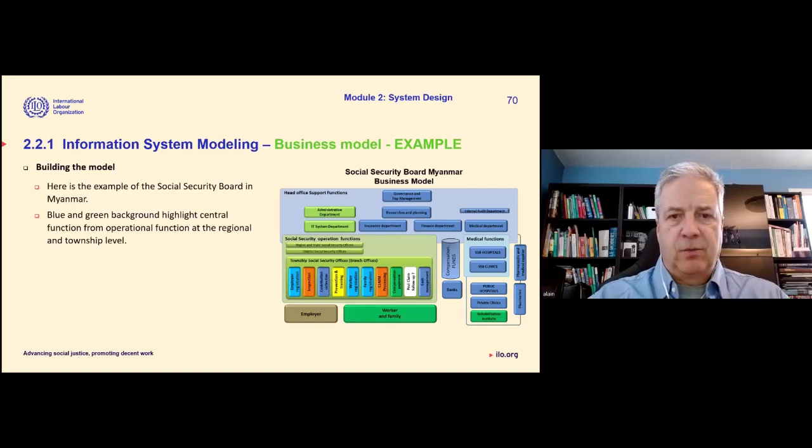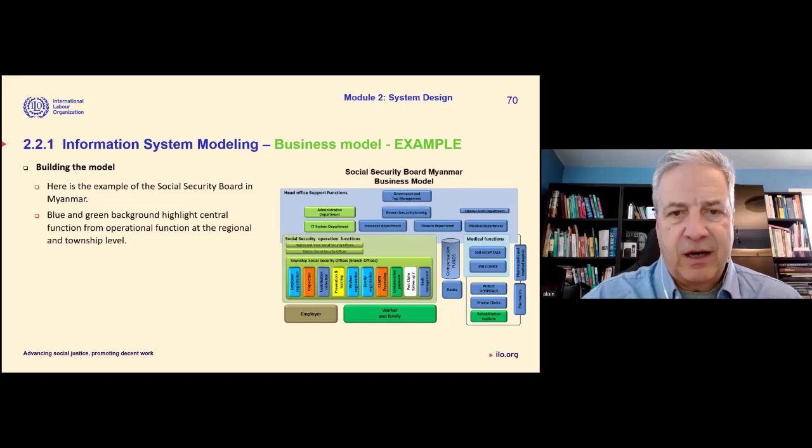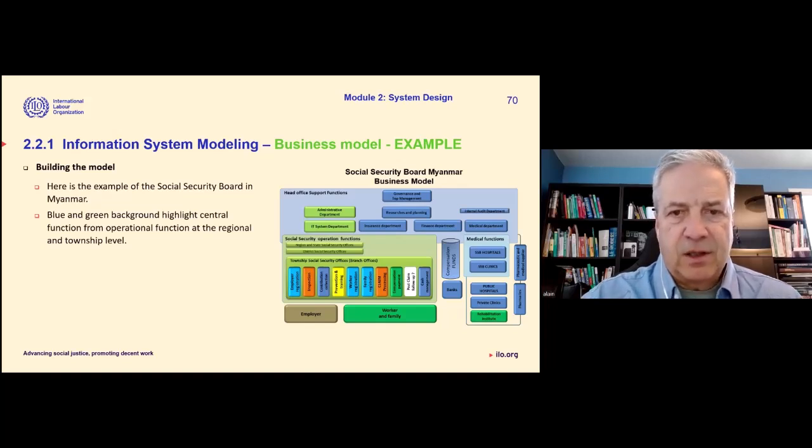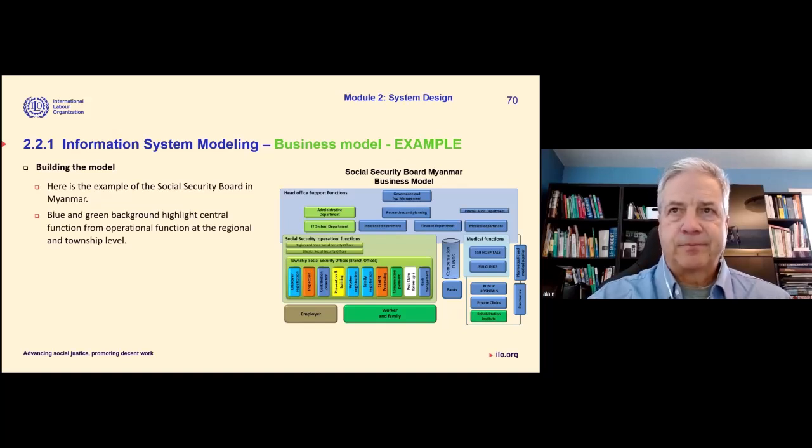The blue part, the upper part of the diagram, you see the administrative functions, and most of the administrative departments will have a specialized function, obviously, that will support the whole mission. The green part is the operation part.